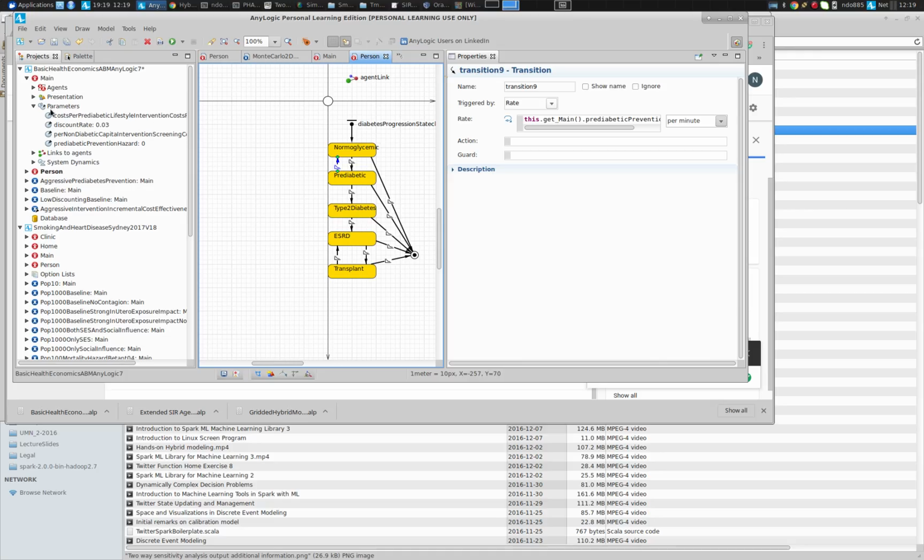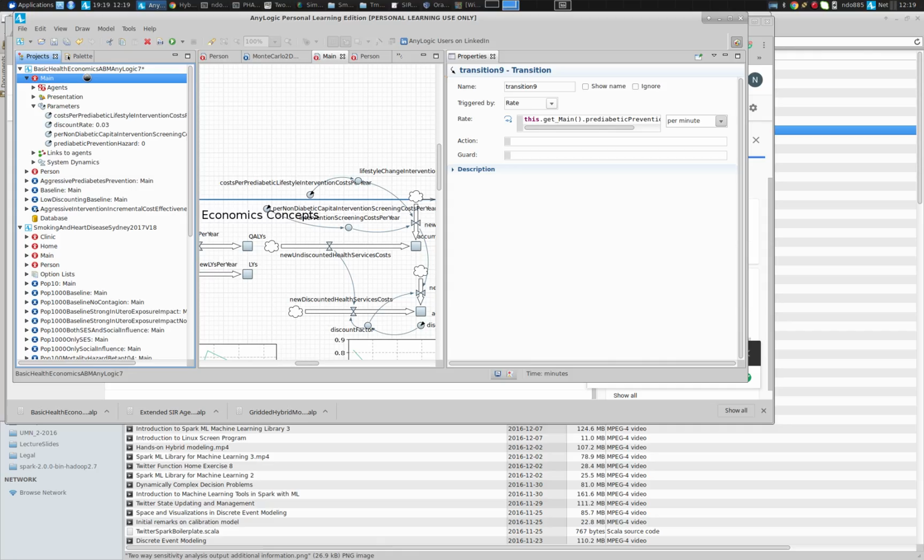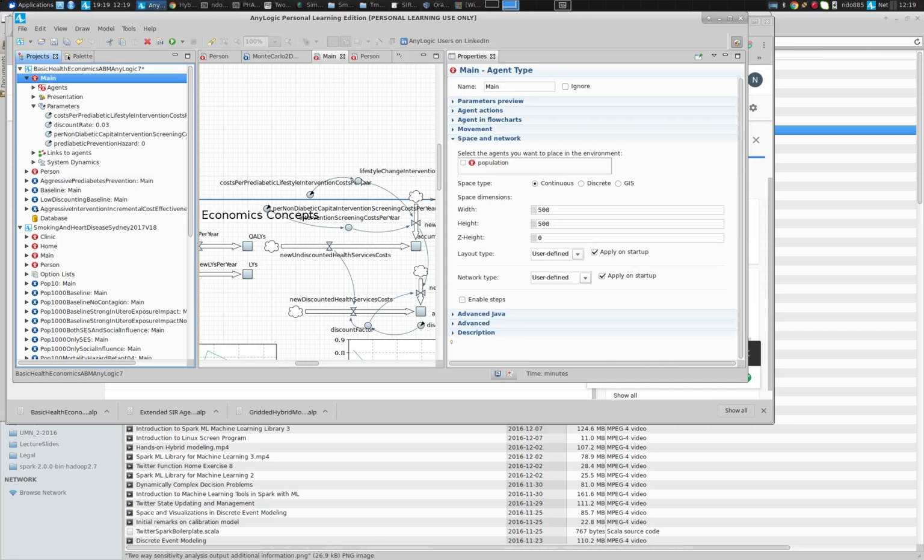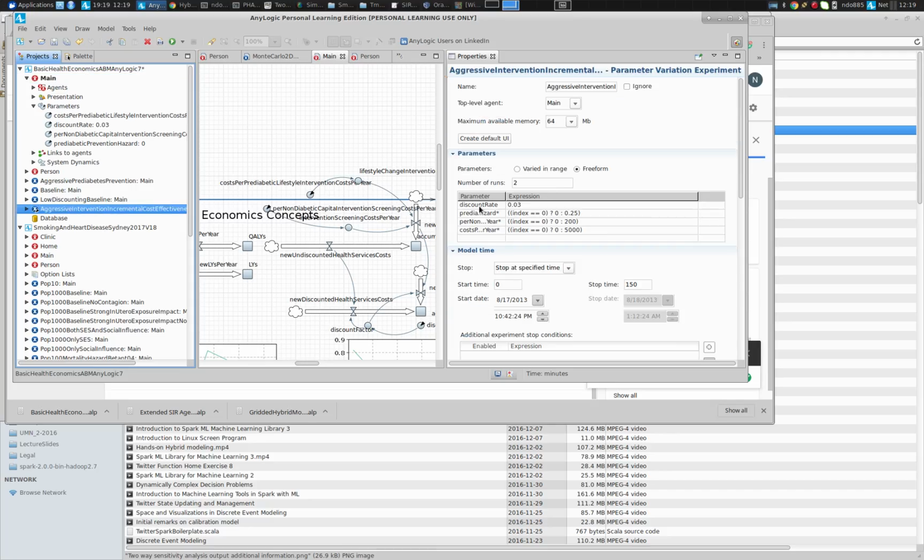So the idea was basically to show a way of accumulating costs associated with an intervention. So there's an aggressive intervention here where I impose a pre-diabetes prevention hazard of 0.25.